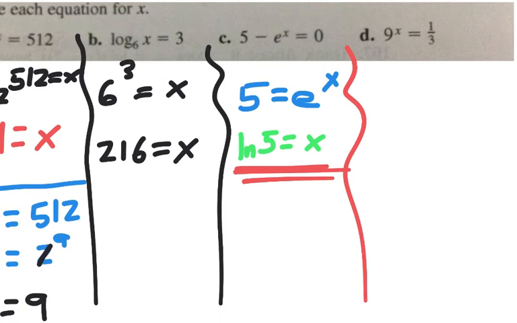You rewrote it as a logarithm? Okay, so that would be log base 9 of 1/3 equals x. And then if you put that in your calculator, 9 raised to what power is 1/3? That's going to be negative 2.